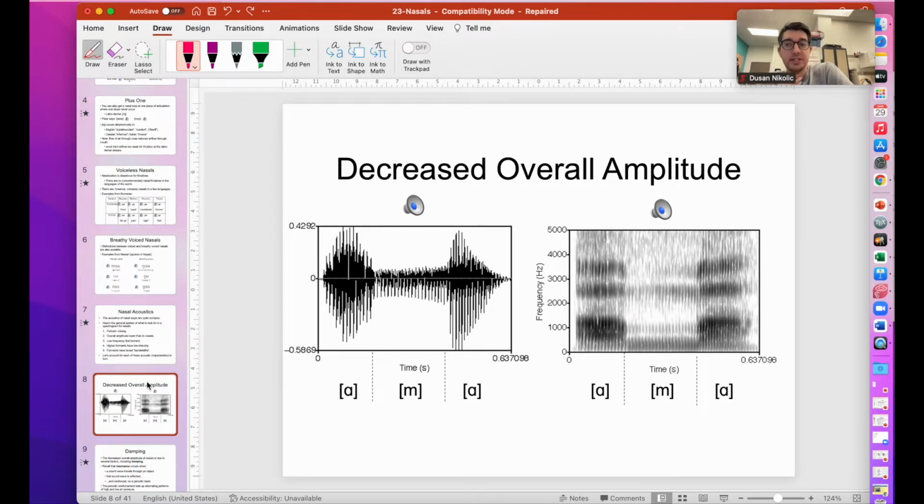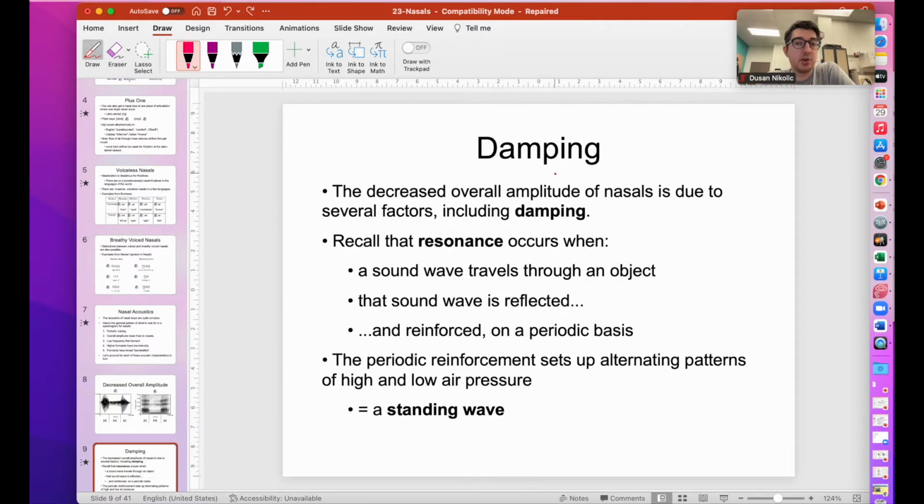So we understand that. Why does this damping occur? So the decreased overall amplitude of nasals is due to several factors, including damping. Recall the resonance. Resonance occurs when a sound wave travels through an object, and then the sound wave is reflected and reinforced on a periodic basis. So basically, remember we talked about harmonics and how certain harmonics are amplified and others are damped.